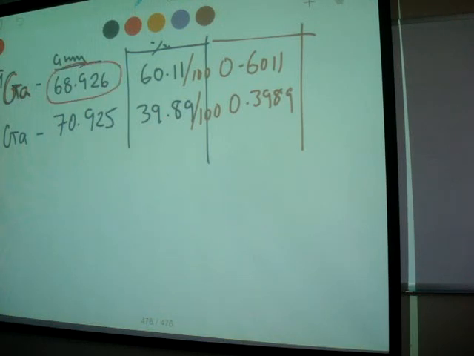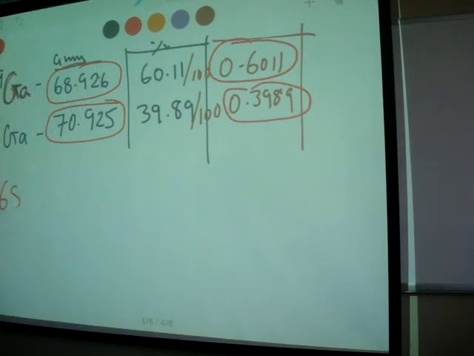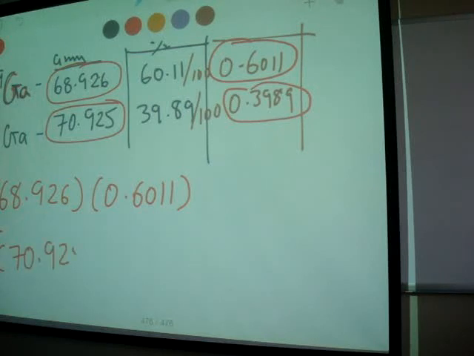AMU times the percentages you converted. You multiply those together for Ga 69, alright. So when you multiply those two numbers and then add them with these two numbers, I'm going to write that. 68.926 times 0.6011, and then I'm going to add 70.925 times 0.3989.